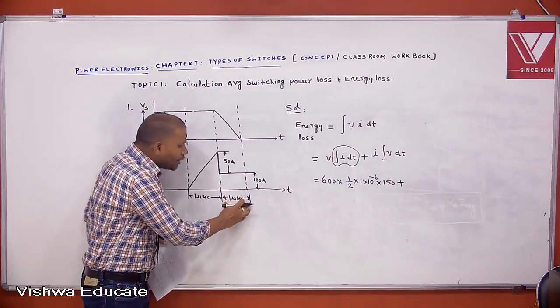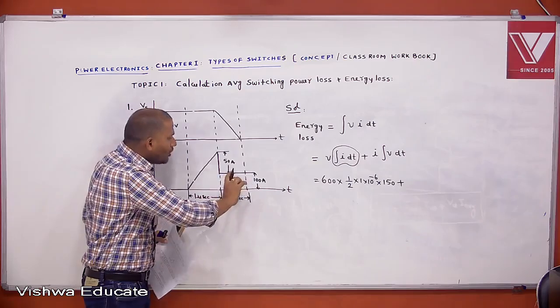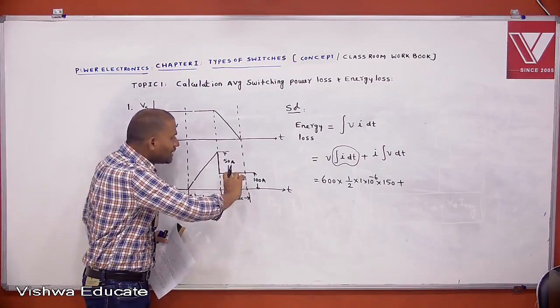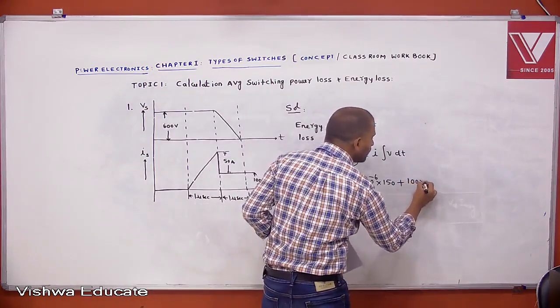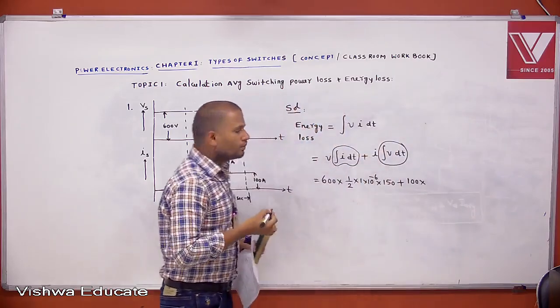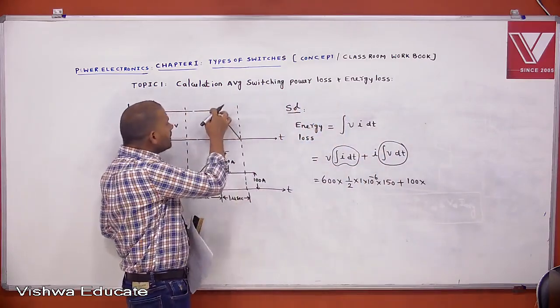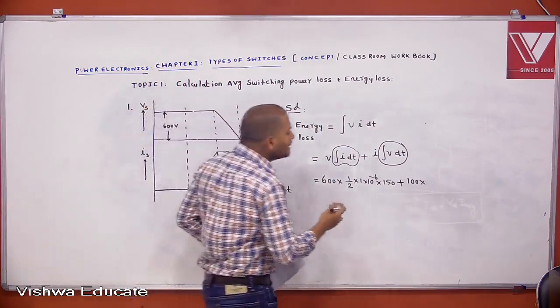During this 1 microsecond of time, current is constant. How much is this current? This is 50 amperes, this is 100 amperes. 100 into. What this indicates? Area under the voltage curve. During this time, this voltage curve is also a triangle. Then what is the area under the curve?